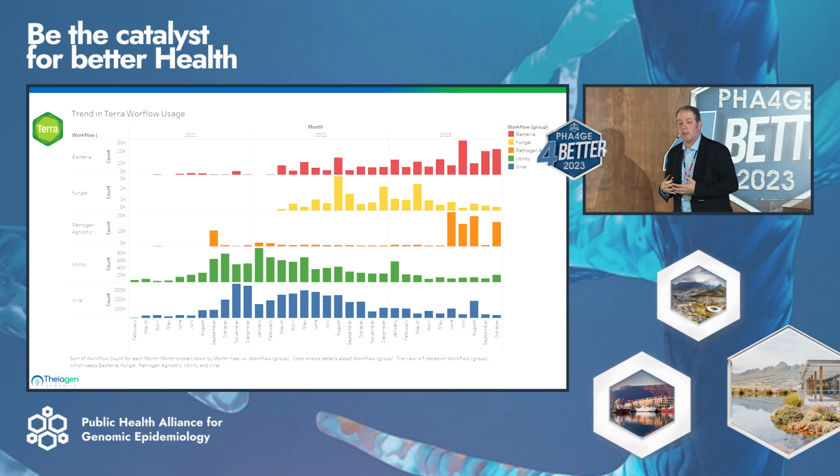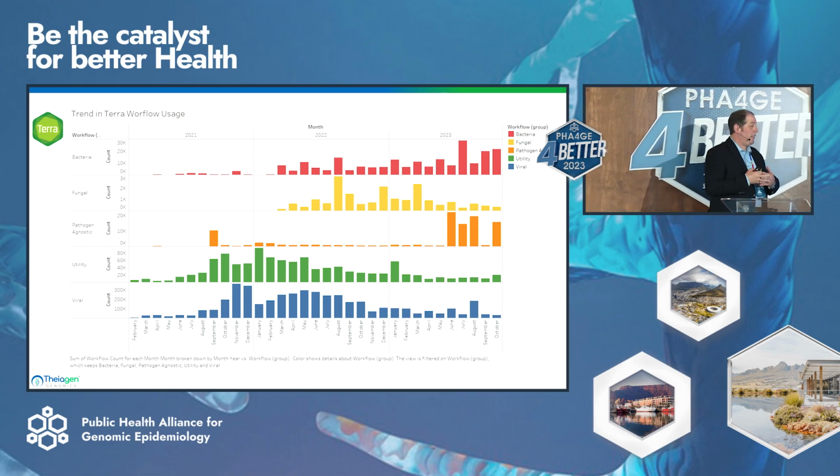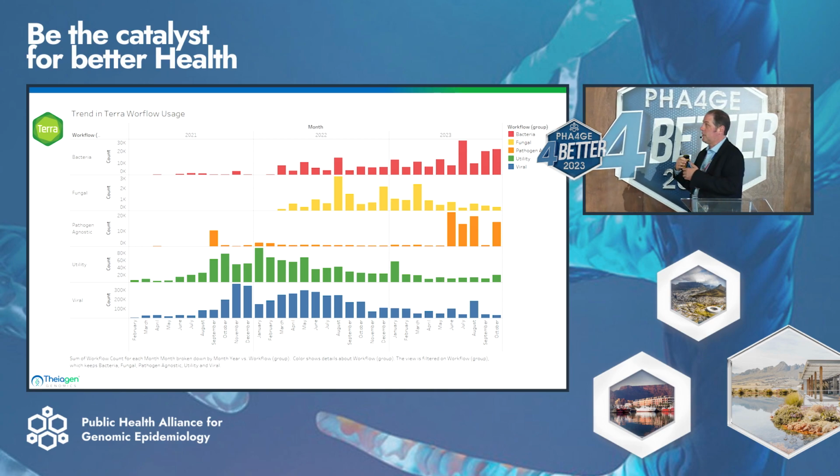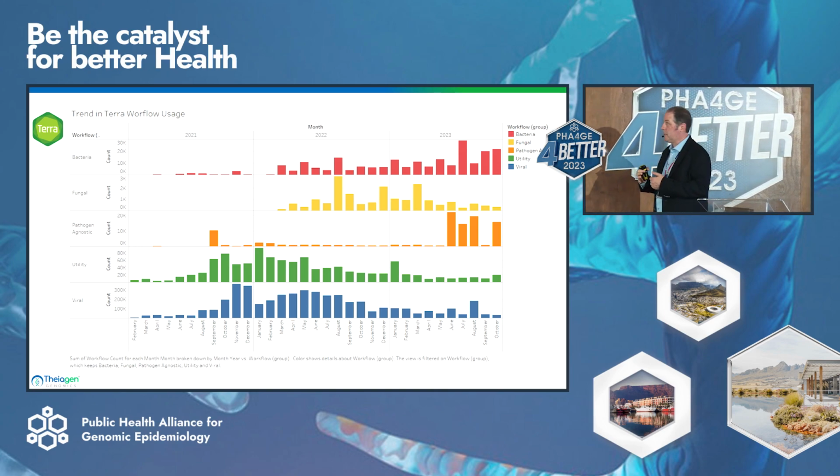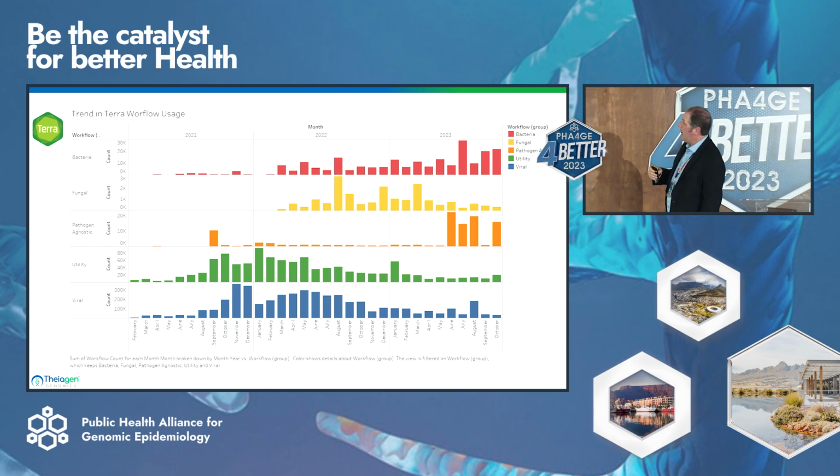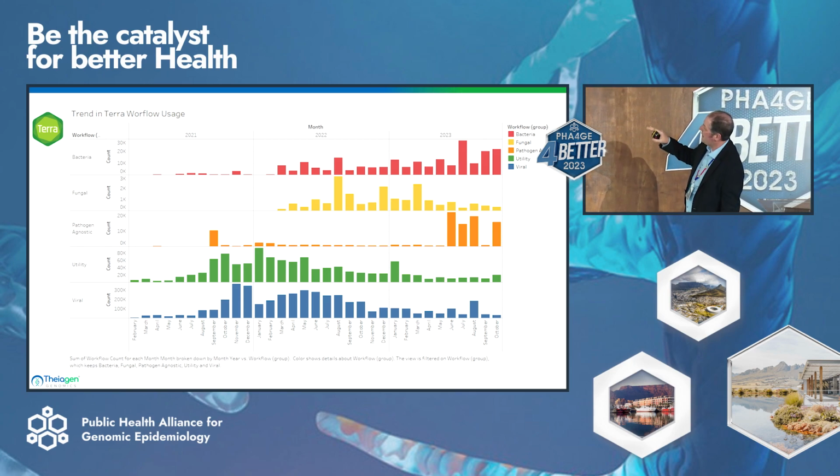because when we started working with Terra, this wasn't designed to be a solution for the pandemic. This was designed to be a solution for public health bioinformatics infrastructure. And if you look, we have a spike there, probably in around July of 30,000 workflows for bacteria.